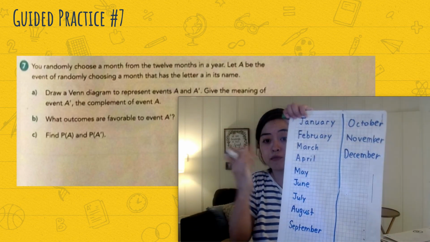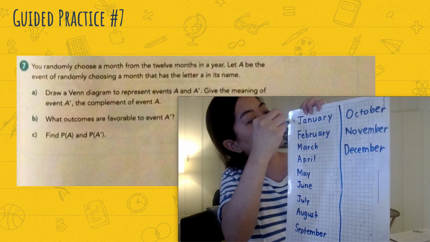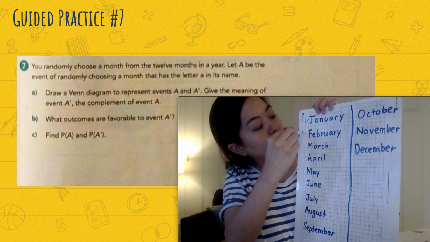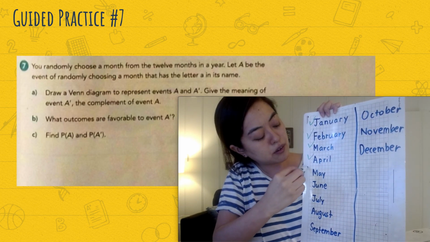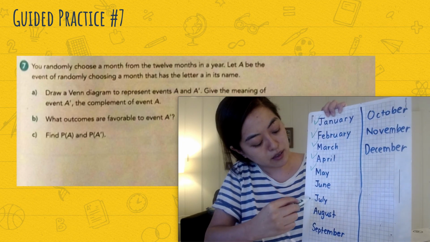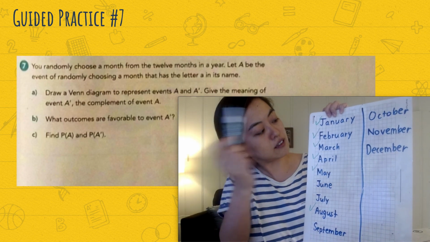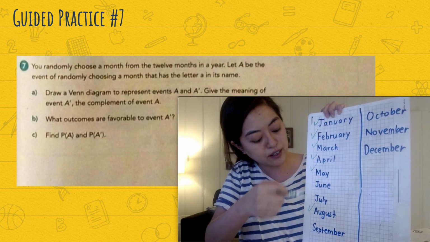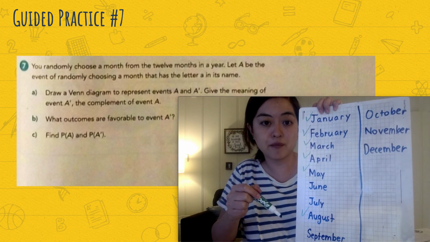I'm going to check mark the months that have the letter A in its name. So January, February, March, April, May, August, and that's it. So we have 1, 2, 3, 4, 5, 6. So we have 6 outcomes for event A.